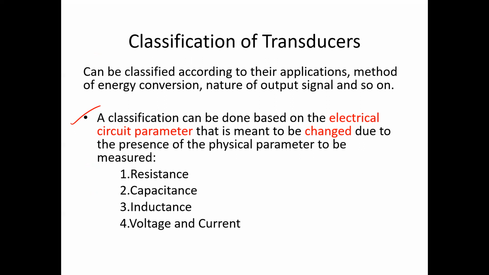Depending on which electrical circuit parameter is varied, the transducers can be resistive type, or capacitive type, or inductive, or even directly voltage and current. And there are also optoelectronic transducers available, which convert photon energy into electrical energy. In this way, the classification can be done depending on which form of energy we are converting the signal to.